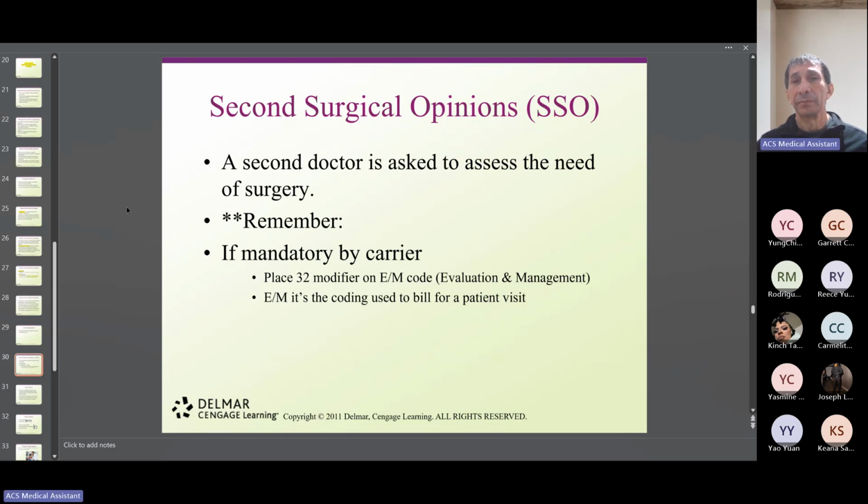So again, this secondary surgical opinion is just something that is done because it's necessary, instead of spending money doing the procedure, or not doing the procedure, or doing the procedure without an expert evaluating the situation again. So that's important.